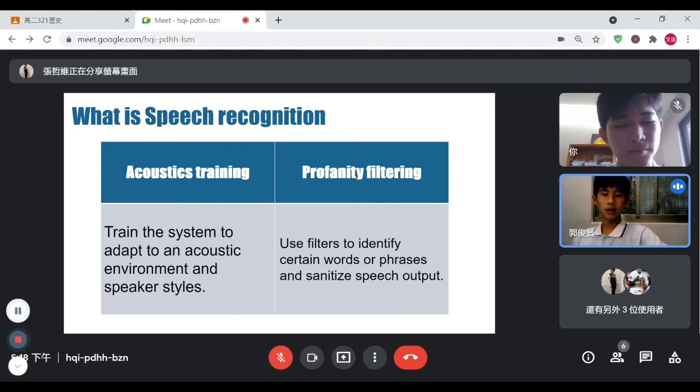The other is to gather the environmental noise, and after that the environmental noise will be deleted. Last is profanity filtering: use filters to identify certain words or phrases and sanitize speech output. This system can censor, substitute, or hide offensive words and improve your experience.